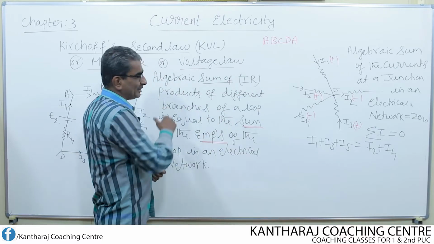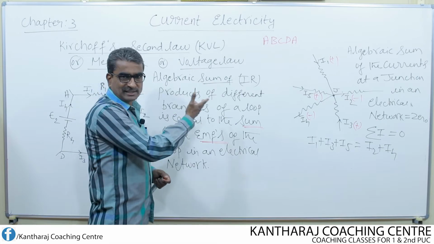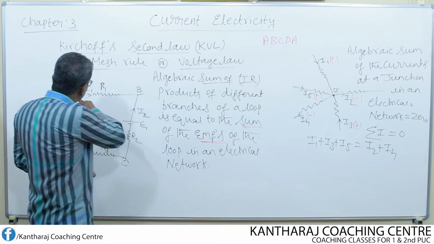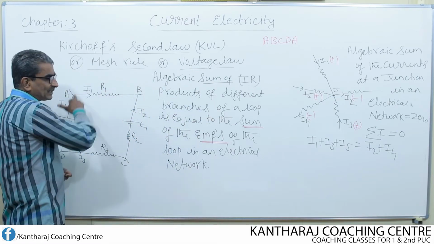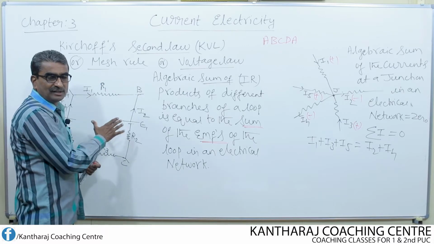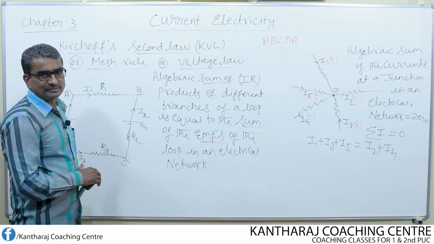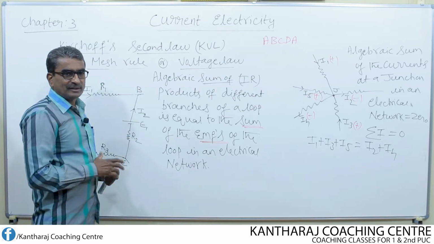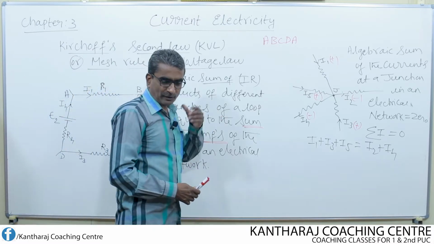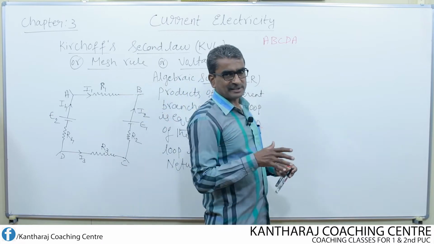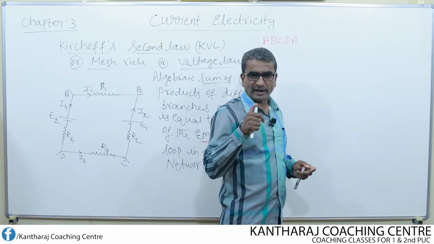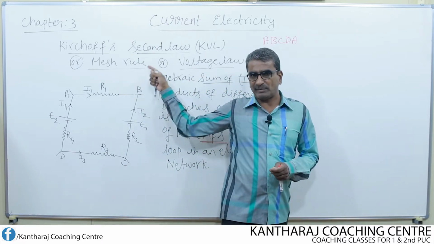Go through the statement. It states that the sum of all IR products of all branches of the loop should be equal to the sum of all EMFs of the loop. That is the statement. Now, what is the sign convention to be followed here? This is the sign convention we have to follow to write the equation according to the statement of this law.